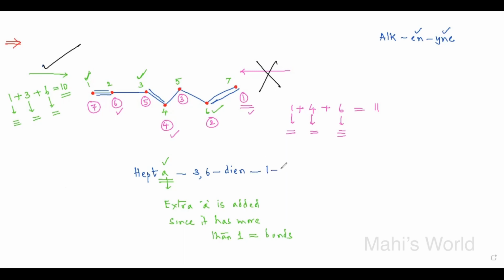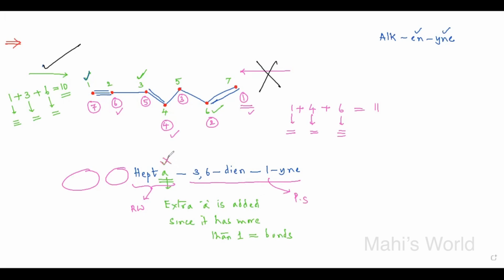Let me write 1 yne because triple bond is after first carbon. 1 yne. So we got everything. Of course, secondary prefix is missing, primary prefix is missing. Straight away we got root word. And this whole thing is the primary suffix.